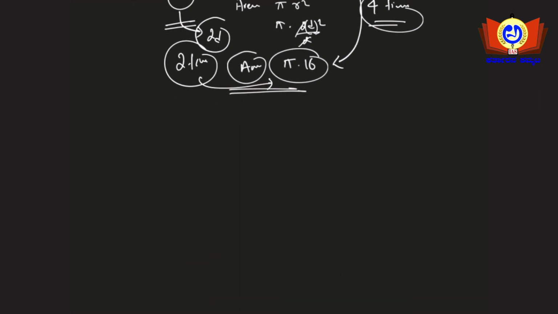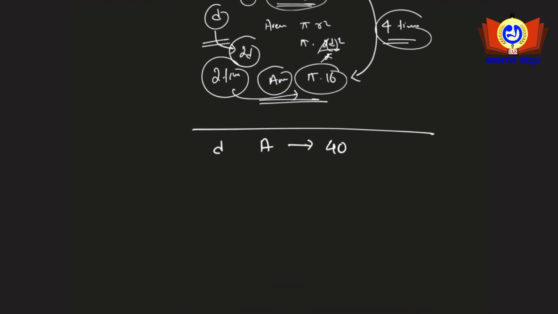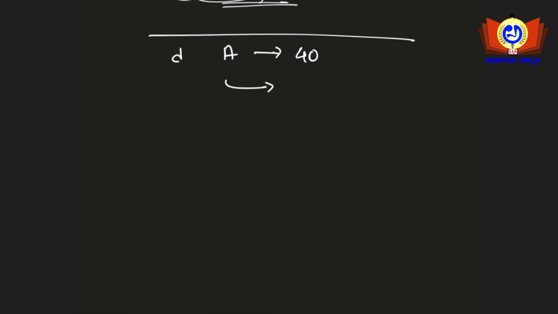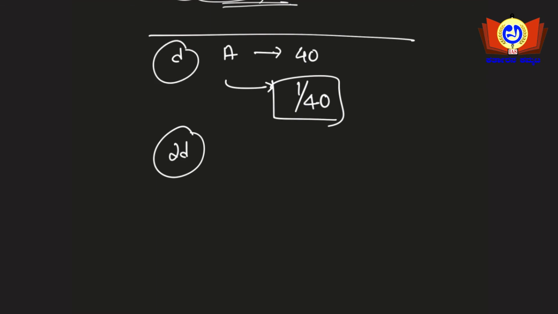Coming back to the problem, A takes 40 minutes to empty the tank. The diameter is D here. In 1 minute, how much part of the tank will be emptied by A? 1/40. Another pipe that has diameter 2D, how much time will it take? This will obviously be 4 times more efficient, because when the area gets bigger in pipes, the efficiency also increases.